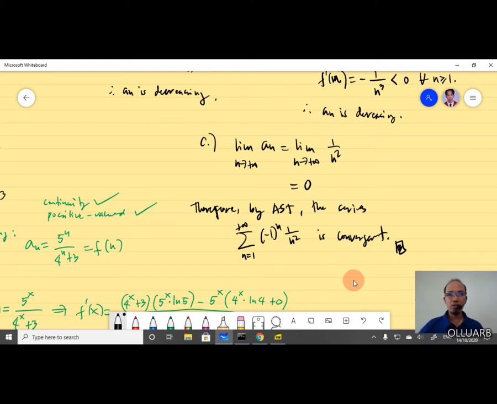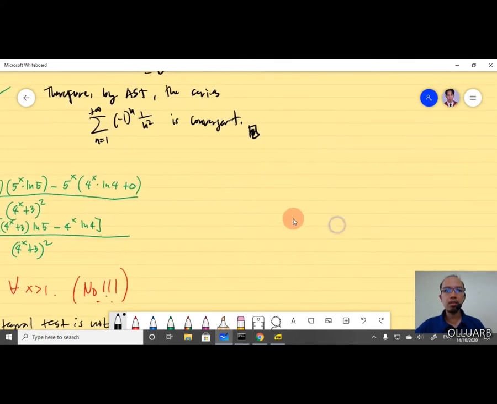For our next example, example number 2, as you can see, let's write it here.